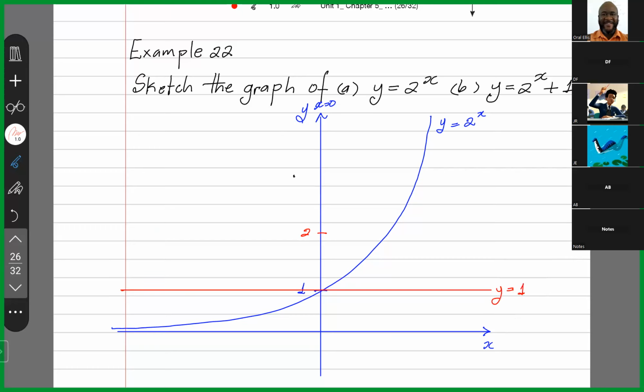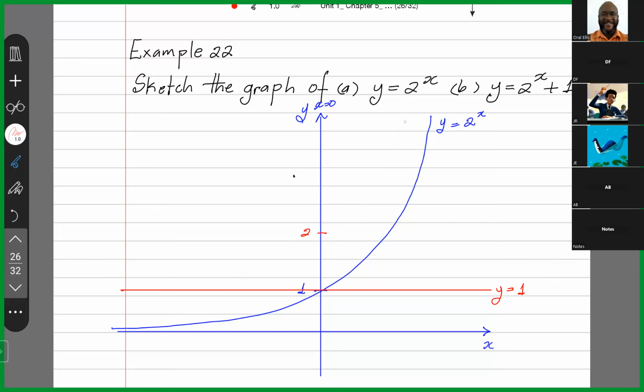And I'm drawing a sketch of y is equal to 2 to the x plus 1. And I think I was saying to you, it essentially is the same graph as this one, except for the fact that my sketch is not exactly perfect.